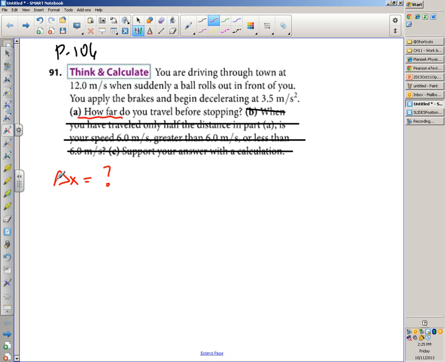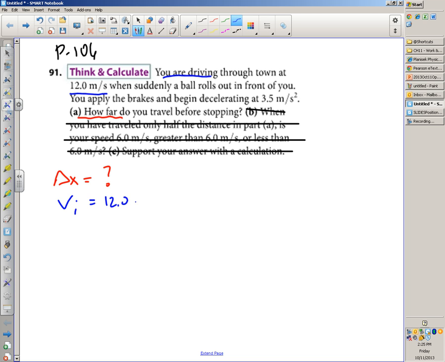Okay? Other things we know to help us get to where we need to get to. Some other information that they have in this problem here for us. 12 meters per second. Okay, 12 meters per second is going to be what, Sam? Velocity? Which one? The initial velocity. So it says you are driving, right, at this speed. So that's going to be your initial velocity, right?